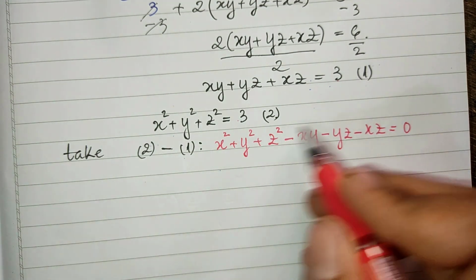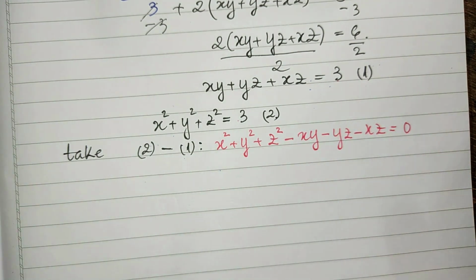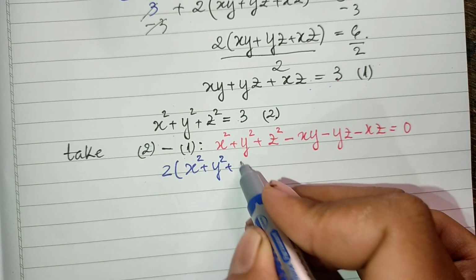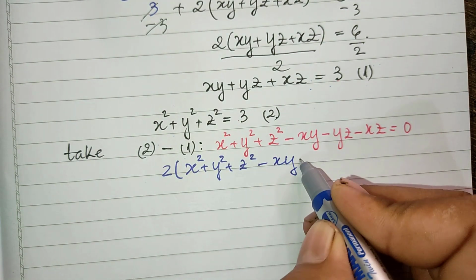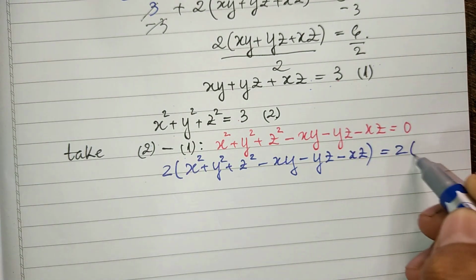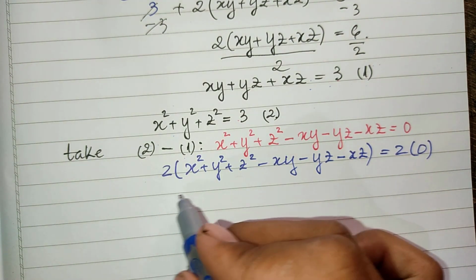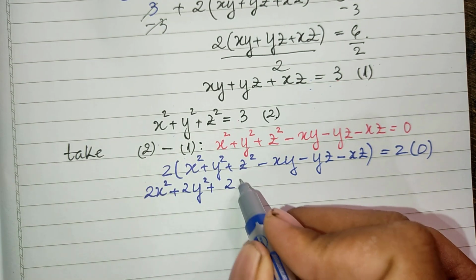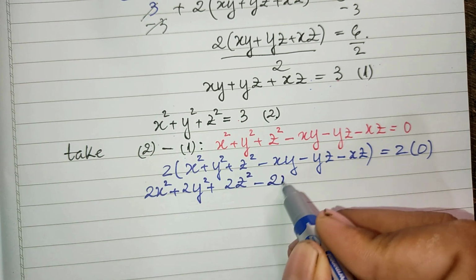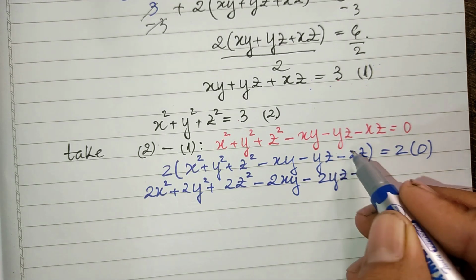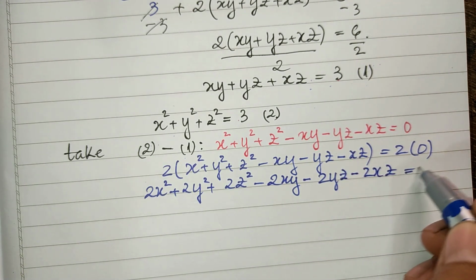Now I multiply both sides of this equation by 2. So I get 2 multiplied by x squared plus y squared plus z squared minus xy minus yz minus xz equals 2 multiplied by 0. So we get 2x squared plus 2y squared plus 2z squared minus 2xy minus 2yz minus 2xz equals 0.